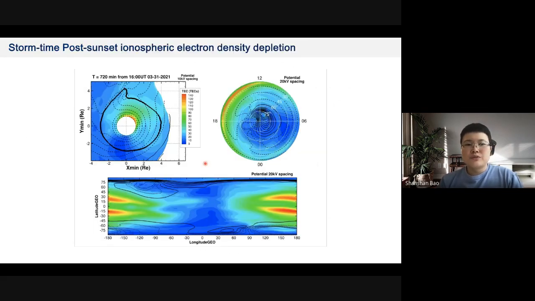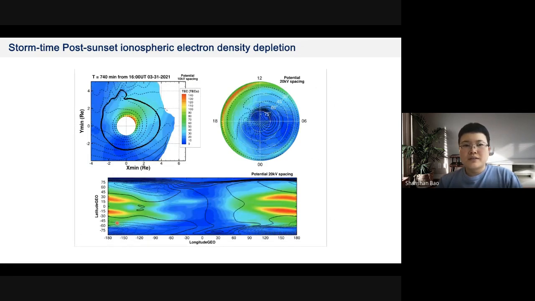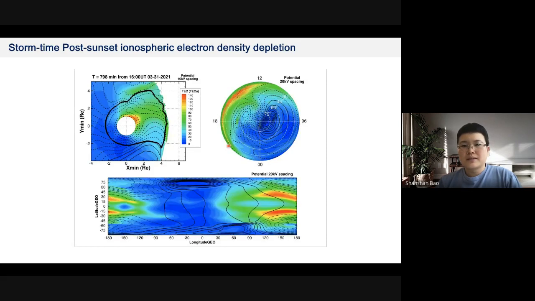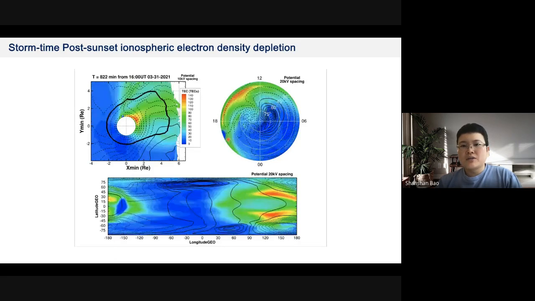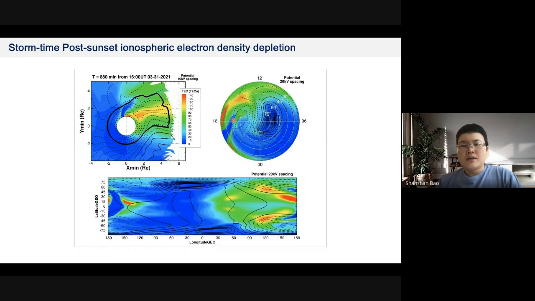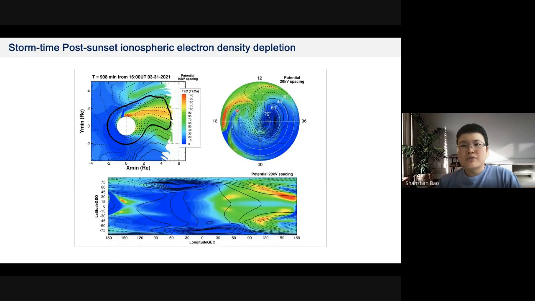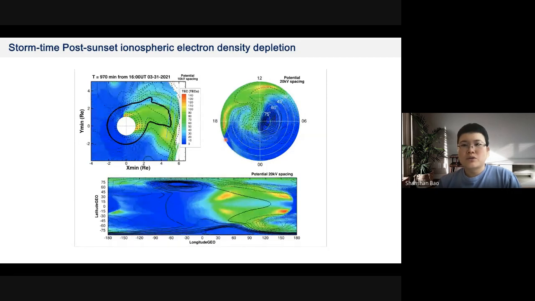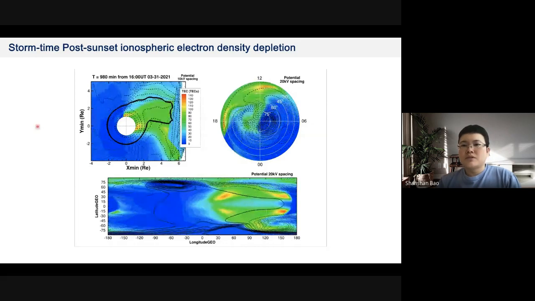If you pay attention to the movie I played before, you can see there's a post-sunset channel of a depleted density region generated from the equator during the storm. When I was doing the previous storm, I just asked myself what causes this.